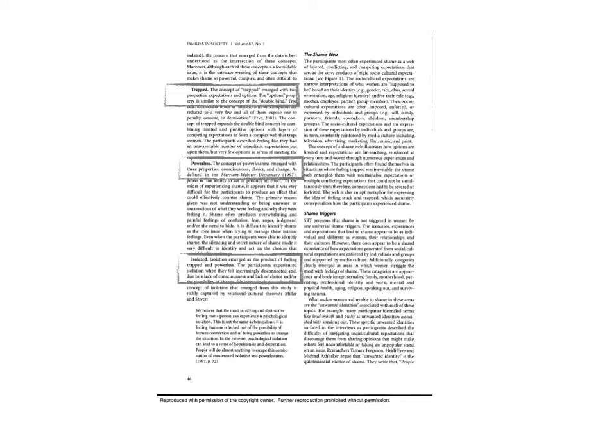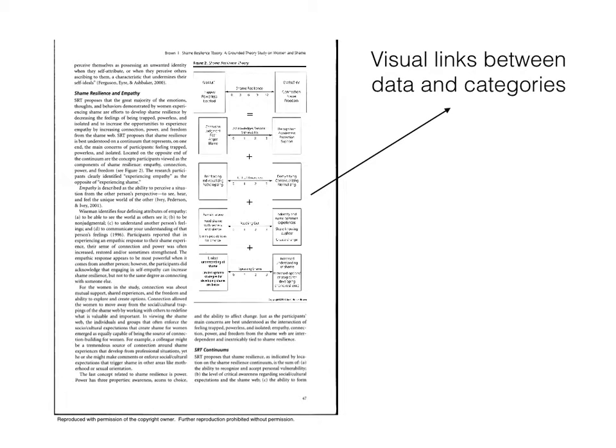And finally, the links or the visuals also serve as, again, links between the data and the categories. So she kind of hits two birds with one stone there, making it a visual representation.